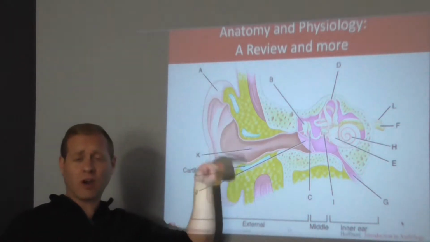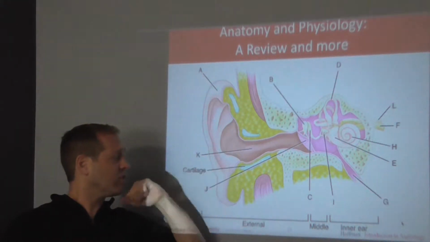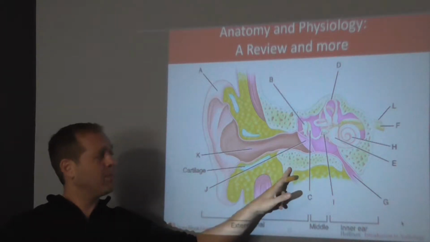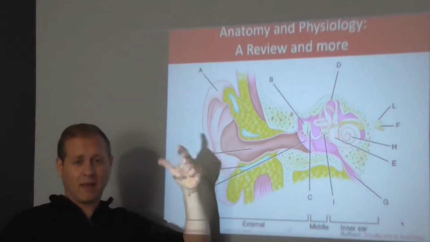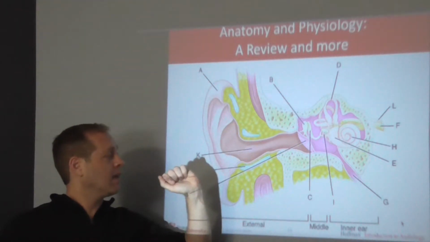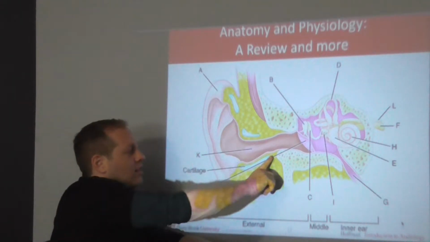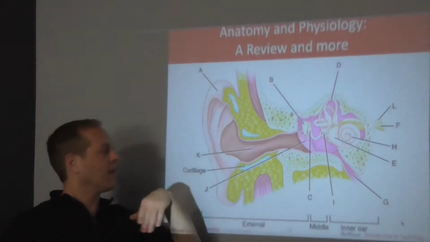Along the walls, there's cartilage surrounding the ear canal, or the external auditory meatus, and then the inner 2/3 is surrounded by bone, okay? It's got osseous surrounding the canal, osseous meaning bony. Okay, so there's cartilage on the outside, bone on the inside, okay?